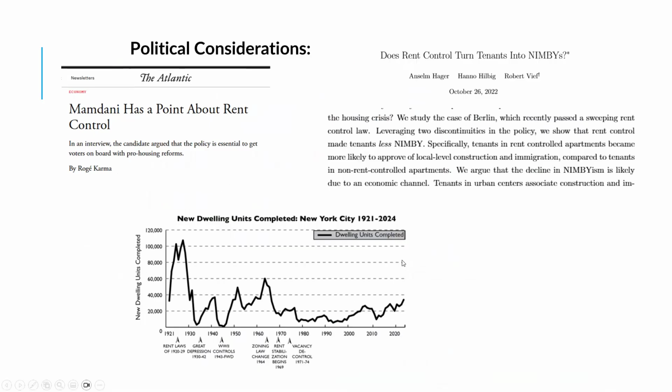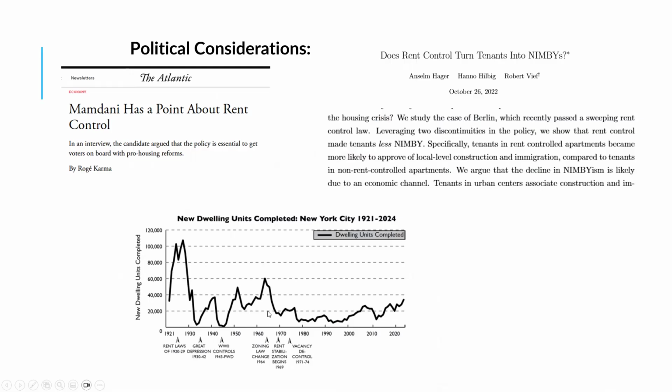So this is an interesting graph I saw from the history of New York City rent control. You can see that when rent control was enacted, there was a massive spike in new construction for housing. And then you can see that after World War II ended, there was also another spike.